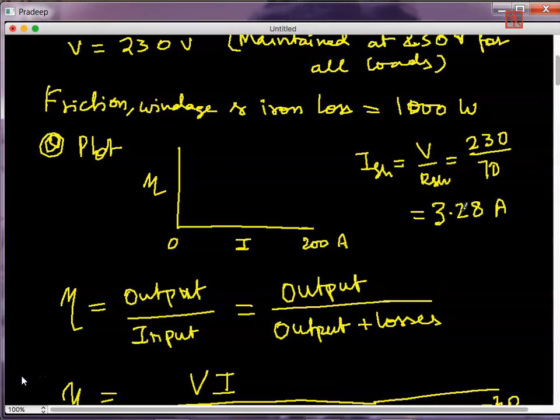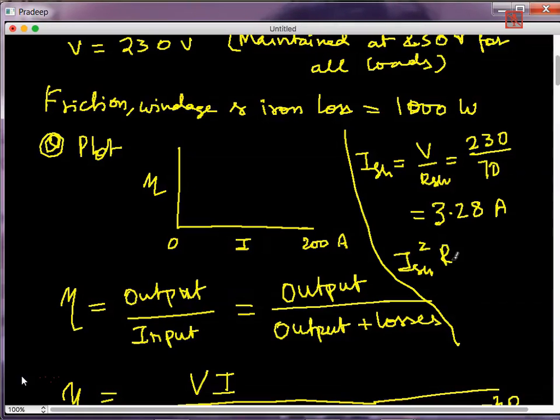So this current is fixed. So what are the shunt losses? ISH square RSH is the copper loss in the shunt field winding, 3.28 square multiplied by 70.